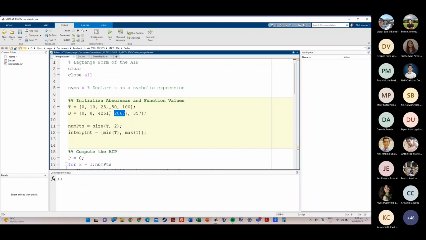So dapat nagmamatch yung components noong abscissas T at saka function value vector D. Alright? All good so far?